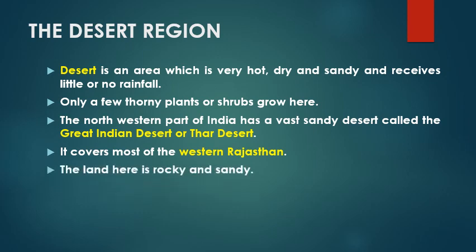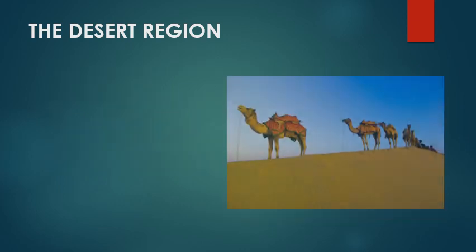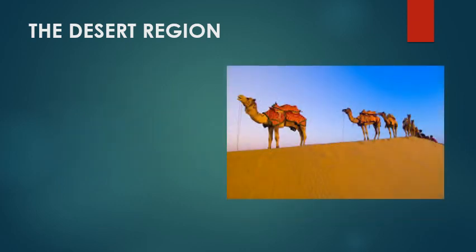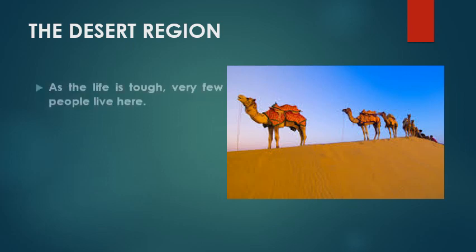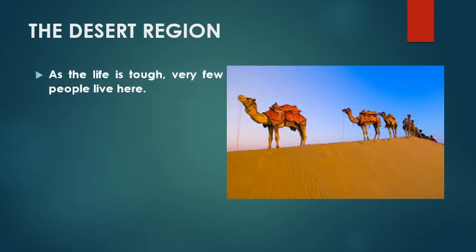The land here is rocky and sandy. See, this is the picture of the desert. As the life is tough, very few people live here, because without plants, without water, life is not very comfortable. That is the reason in desert areas very few people live.